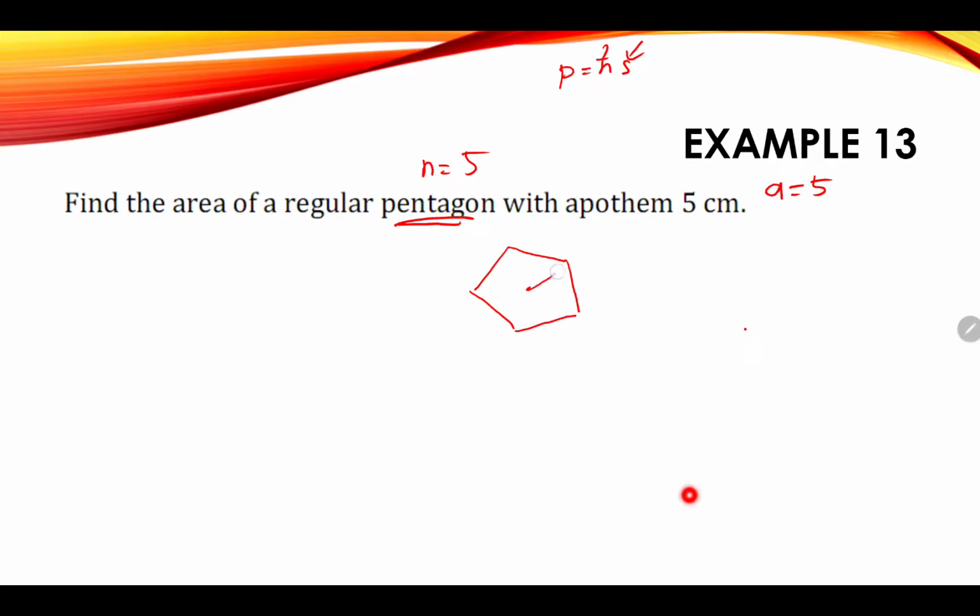So untuk pentagon, setiap satu ni 360 bahagi 5, 72. Lepas tu kita bahagi lagi 2 kat sini sebab kita nak ambil right angle triangle. So saya keluarkan kat sini right angle. So dekat sini 72 bahagi 2, 36.